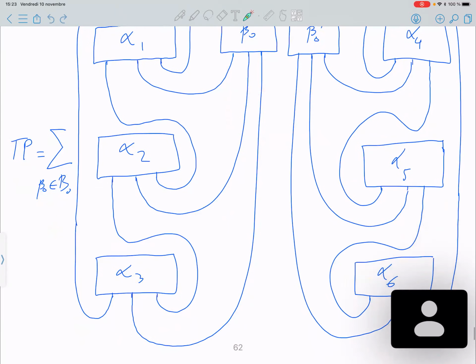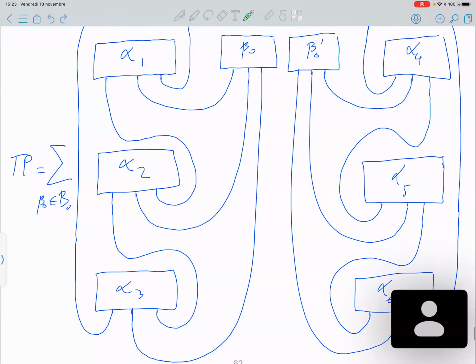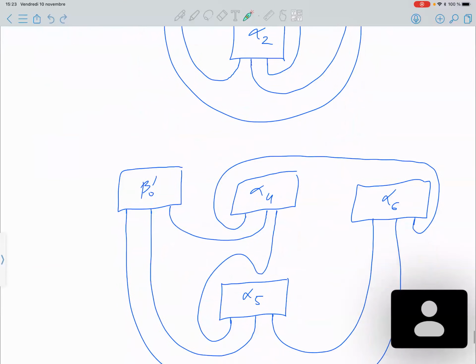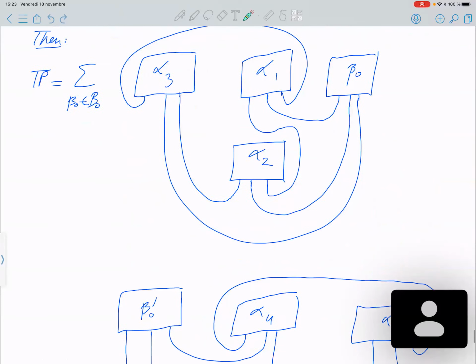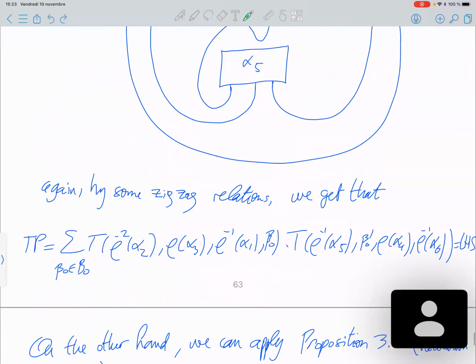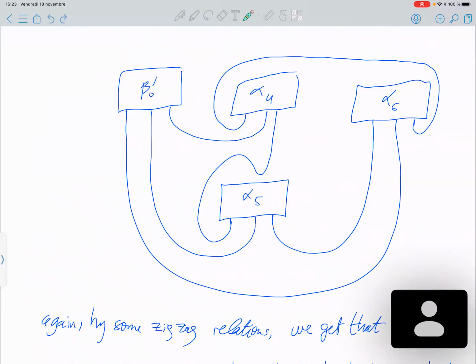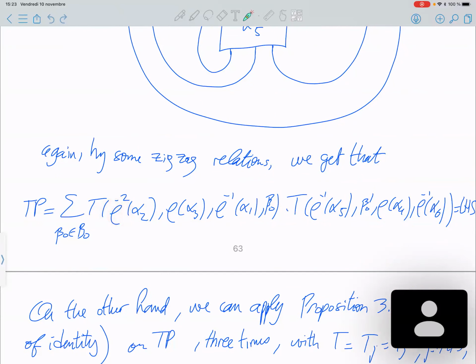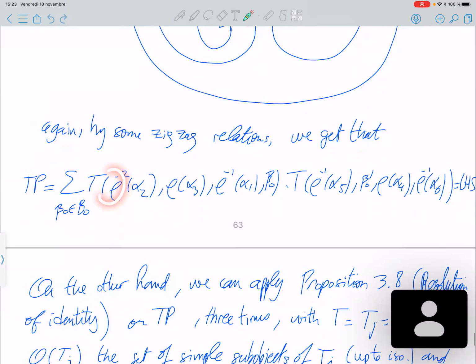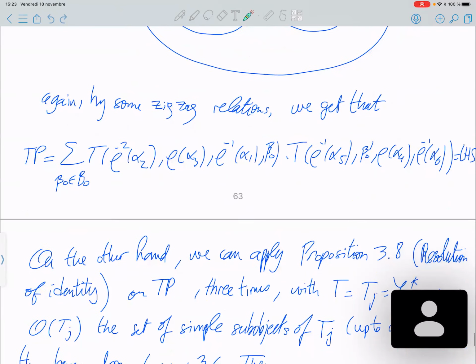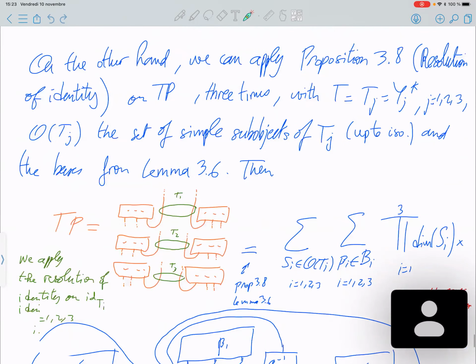And then you just have to deform this picture using the zigzag relation to get something closer to the monoidal tetrahedron. And you finally need to apply some natural isomorphism rho and sigma. In fact, in here you just have a rho, no sigma, to get exactly the shape of a monoidal tetrahedron. So now the right-hand side.